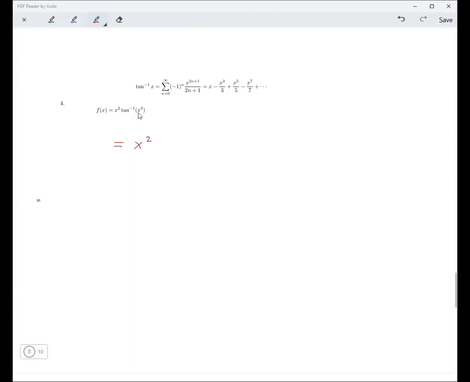And the inverse tangent of x cubed, if the inverse tangent of x is this, the inverse tangent of x cubed, you just replace this x with an x cubed. So replace it with an x cubed. Okay, so this x cubed goes in right there. It just replaces this right here.